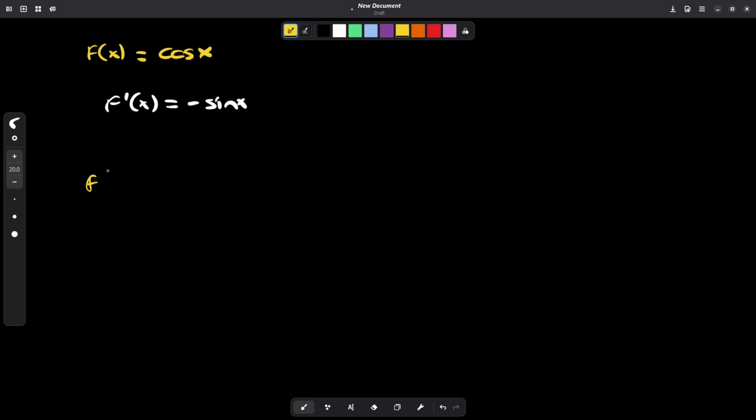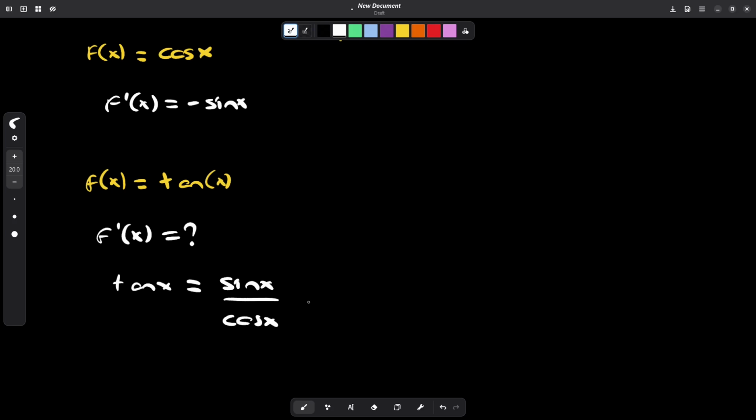Let's continue. Let f(x) be tangent x this time. I want to differentiate this function. What is f'(x)? First, I need to know that tangent x can be written as sine x over cosine x. By differentiating the division of two functions, let's show that we are differentiating this.